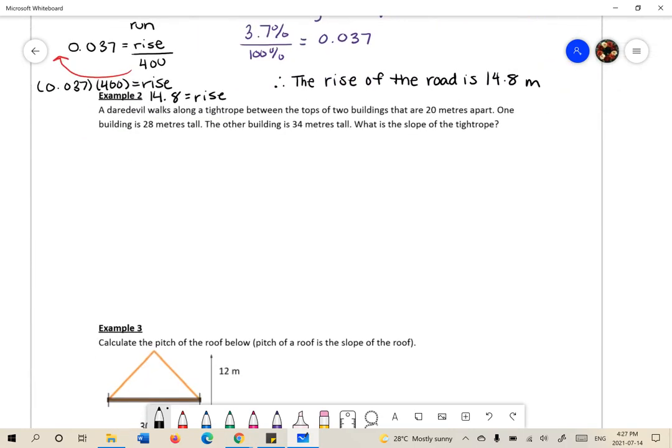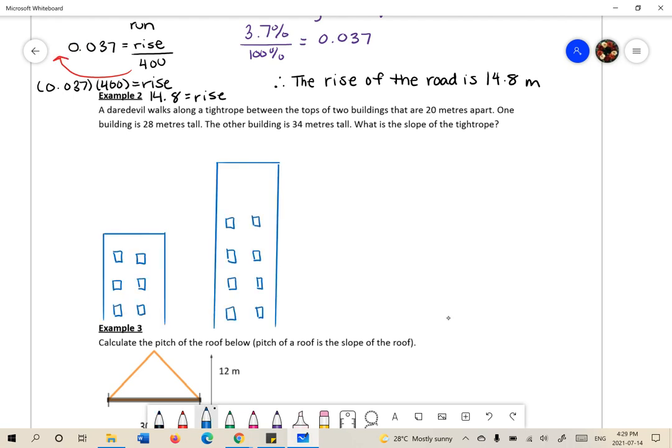Example 2. A daredevil walks along a tightrope between the tops of two buildings that are 20 meters apart. One building is 28 meters tall. The other building is 34 meters tall. What is the slope of the tightrope? Let's draw this out. Here are my two buildings.